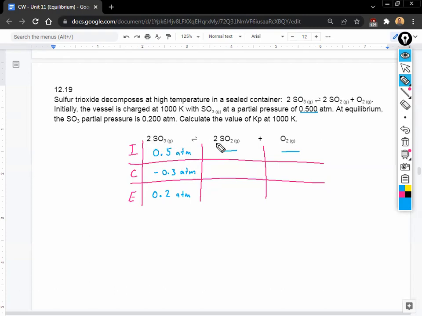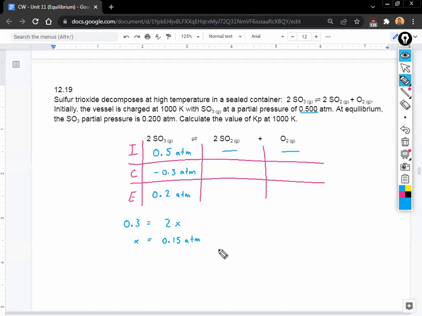It's 2 moles of SO3 for every 2 moles of SO2 and 1 mole of O2. That means the change of 0.3 is going to equal 2X, and so the base value of the change is going to be 0.15 atm. Since we lose 2 moles, per mole is going to be 0.15 atm.